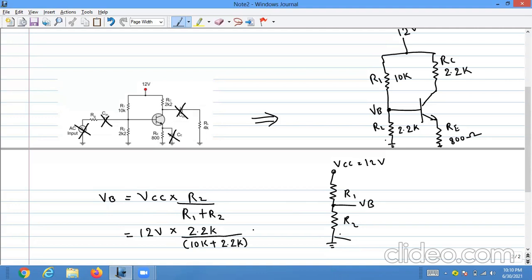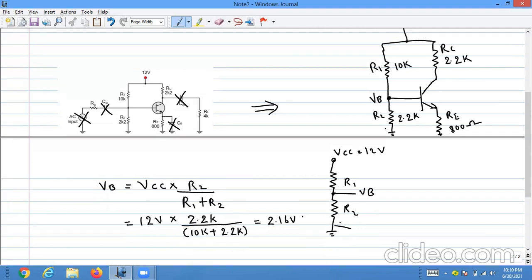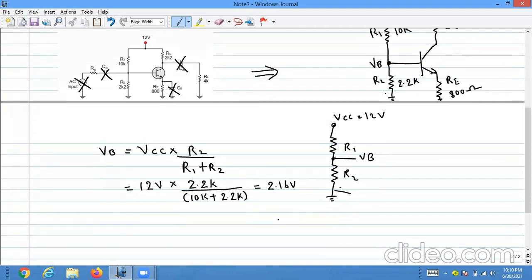Once you calculate this, you will get the answer 2.16 volt. So VB is over.